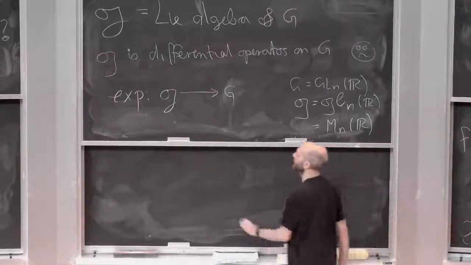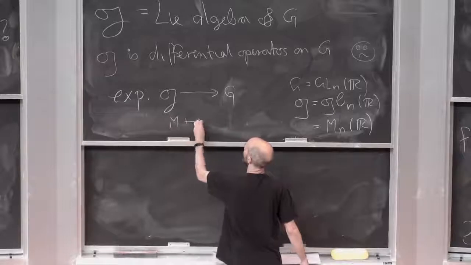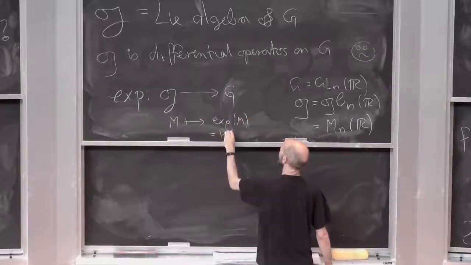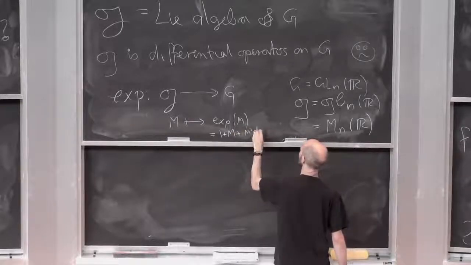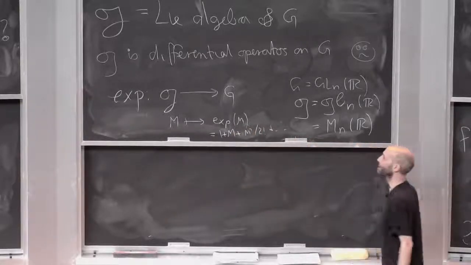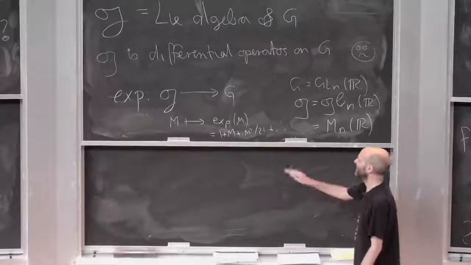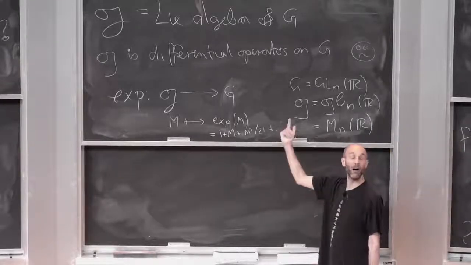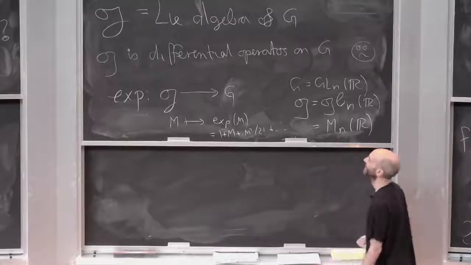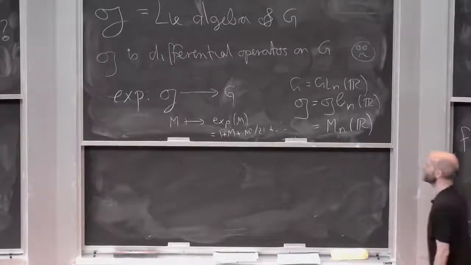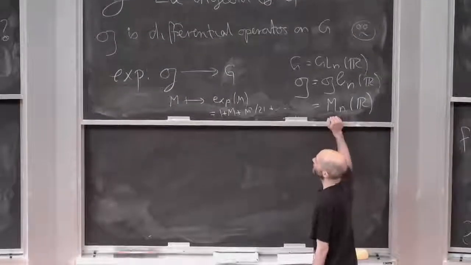It sends m to exp of m, which literally is 1 plus m plus m squared over 2 factorial plus dot, dot, dot. Why is that invertible? Because exp of minus m is an inverse. There you go. So there's my exponential map from the Lie algebra to the Lie group.